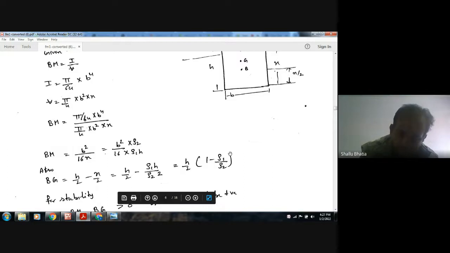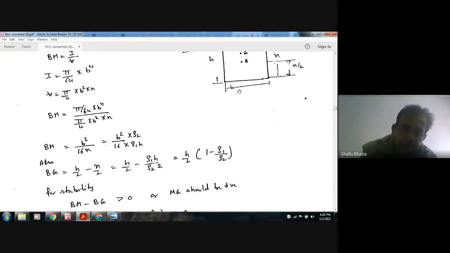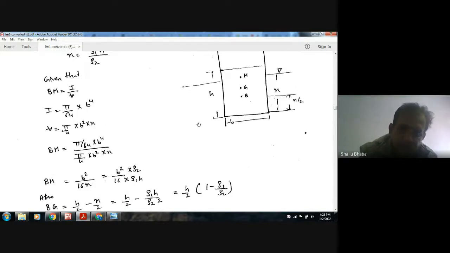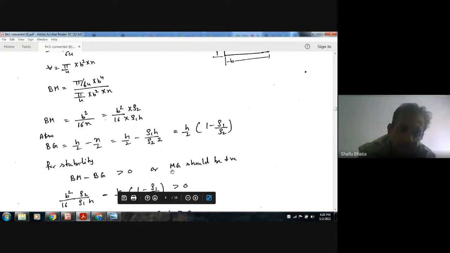Now, if this condition prevails, then the stability is maintained. M is above G and B, and then the stable condition is maintained. So BM should be greater than BG. BM is b square rho 2 by 16 rho 1 h and BG is h by 2 times 1 minus rho 1 by rho 2.